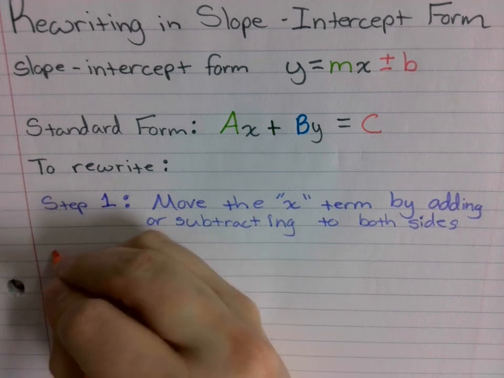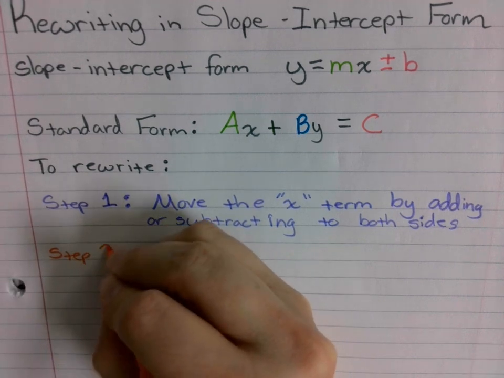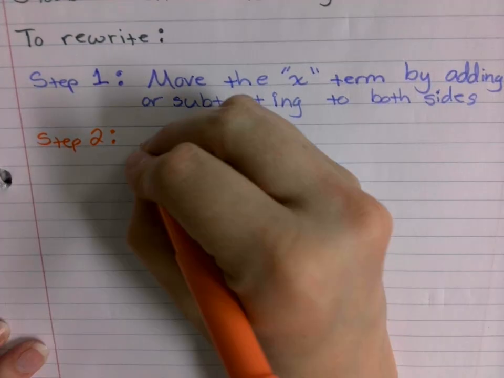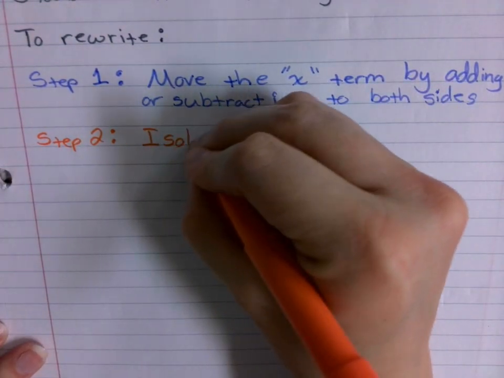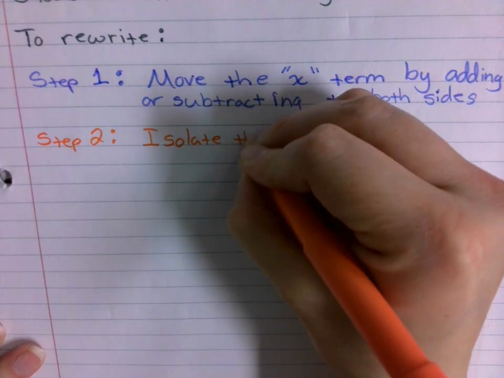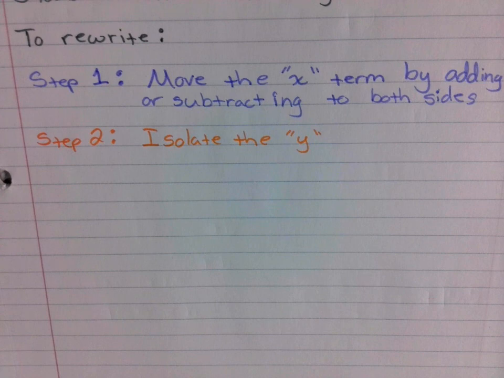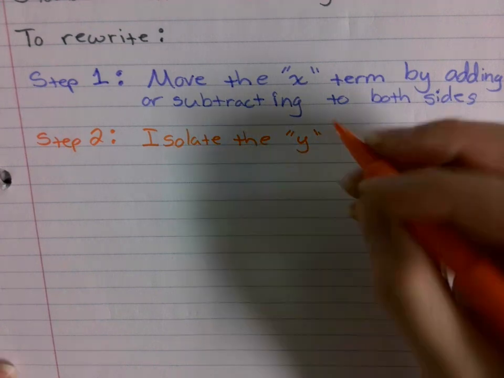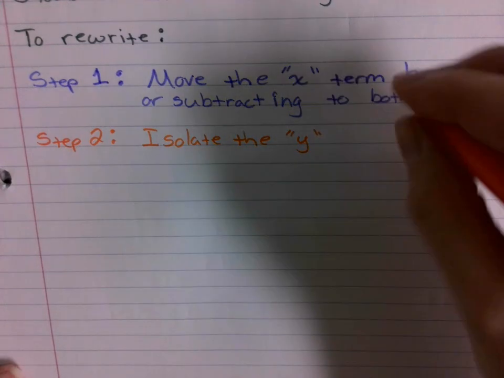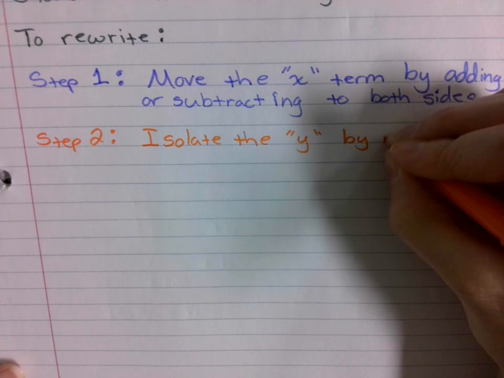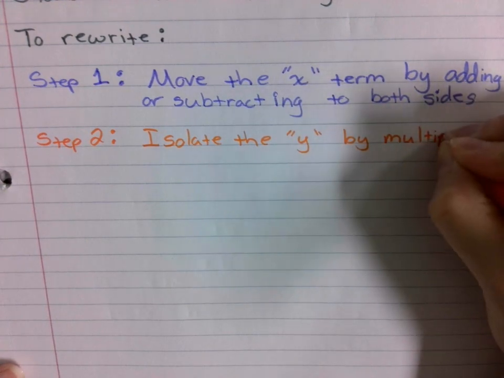Then step two. For step two, you are going to isolate the y. Remember, the term isolate means that you are getting it by itself. Okay, if you're sent to a timeout, that's isolation. So here, you're essentially putting your y in a timeout. So you are isolating the y value by either using multiplication or division.